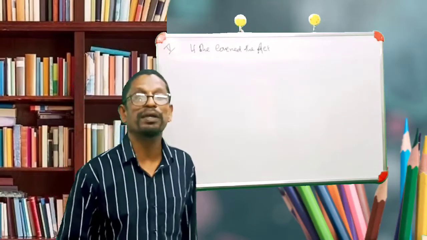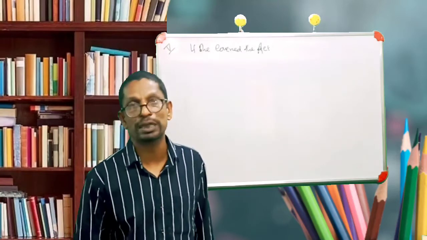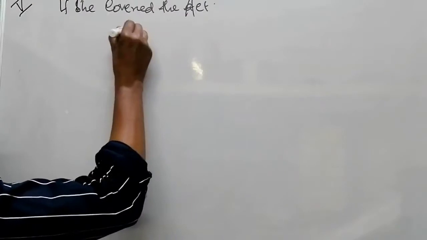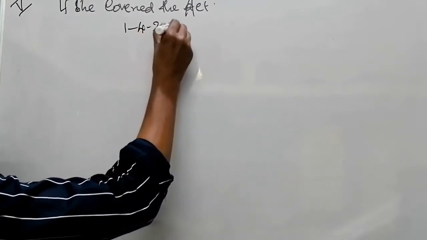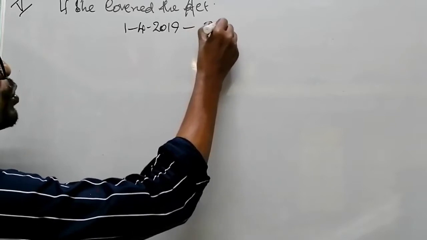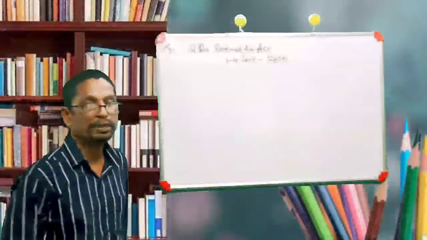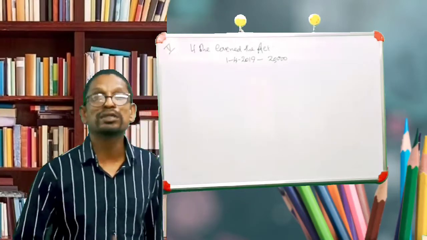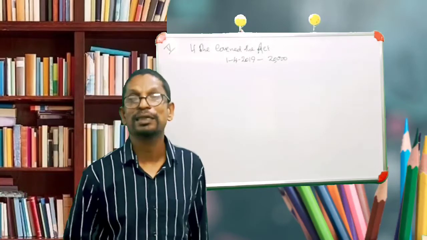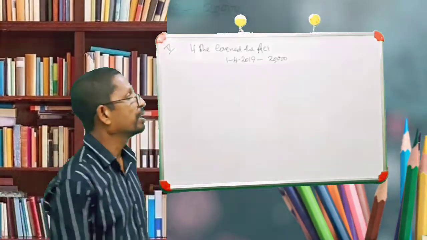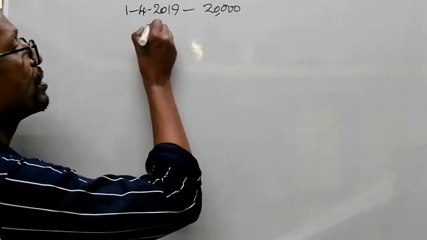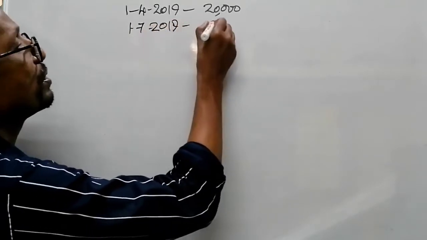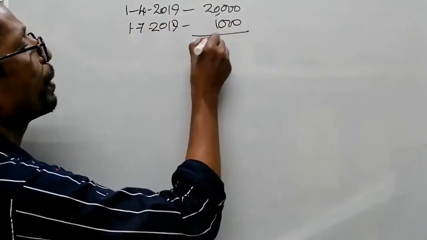Now at the time of her retirement, how much was the basic salary drawn by her? As on 1/4/2019, her basic pay was rupees 20,000, and every July she is getting rupees 1,000 as increment. Therefore as on 1/7/2019 she is getting an increment of rupees 1,000.